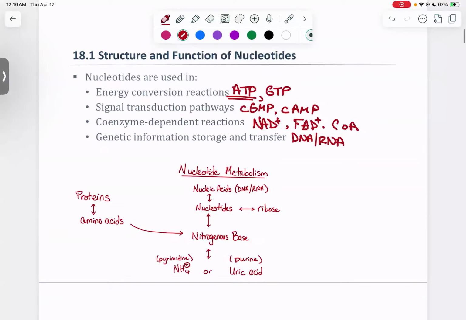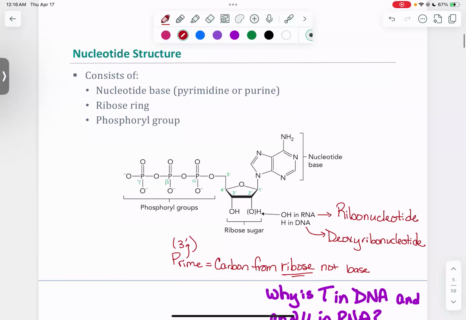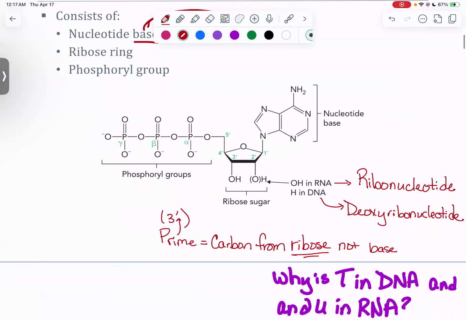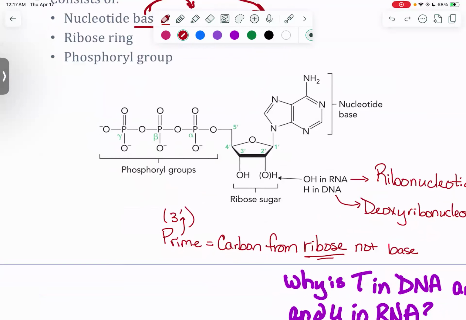Okay, so let's go look at structure first. What does our nucleotide have? We have a base, and that base is either a purine or a pyrimidine. We have a ribose sugar, and we have a phosphoryl group. If we look just at the base, this tells us if we have a purine or a pyrimidine. And I want you to notice that the sugar attached to the base has primes.